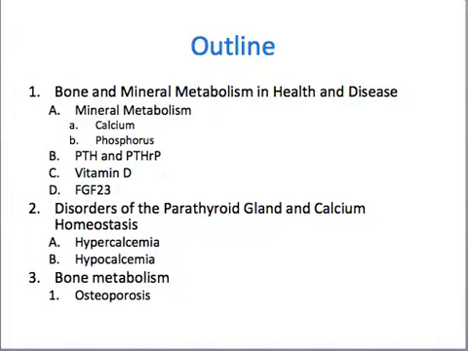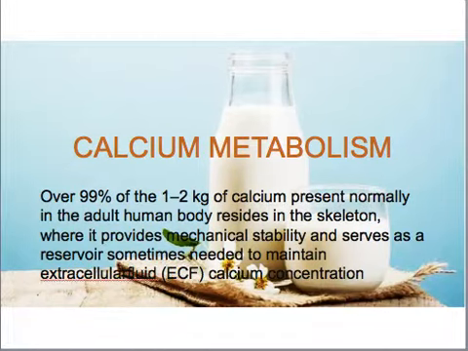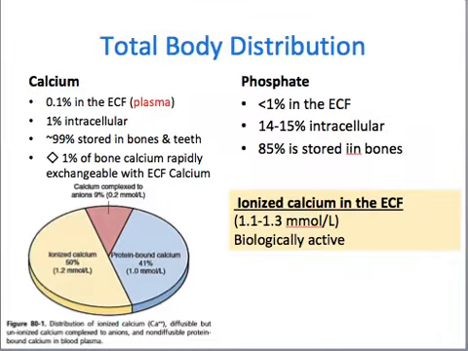bone metabolism and osteoporosis. So about 99% of the 1 to 2 kilograms of calcium is normally present in our skeleton. And your skeleton not only provides mechanical stability or framework for our body, but also serves as a reservoir to store calcium, and so anytime our body needs calcium in the extracellular fluid compartment, it can get calcium from our bones.